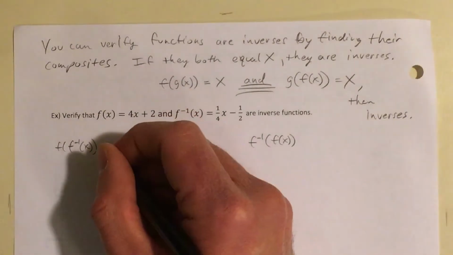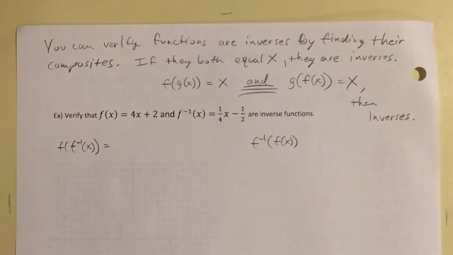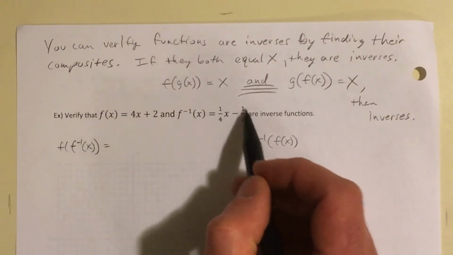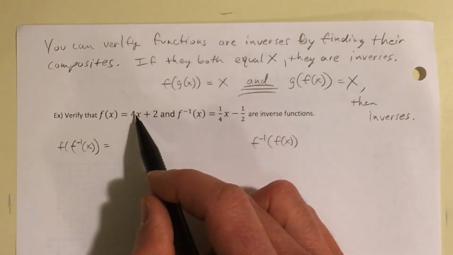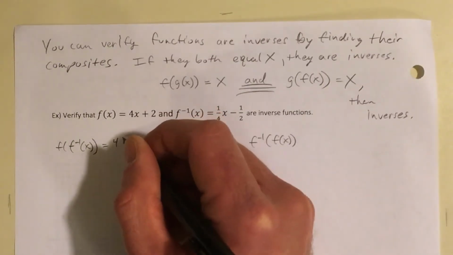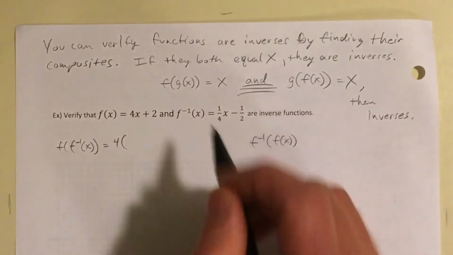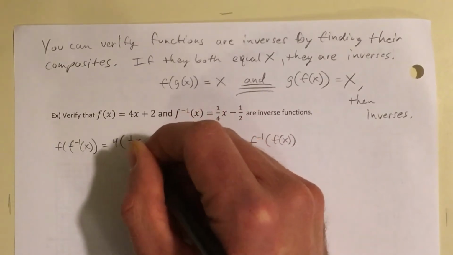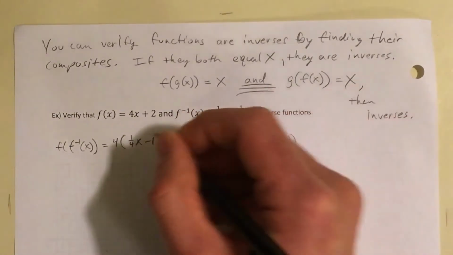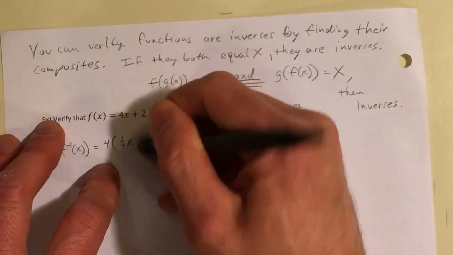And then we carefully write these out. Now, you're going to often have two sets of parentheses, okay? If you don't have two sets of parentheses, or you have one set of parentheses that isn't closed all the way, you're probably doing something a little bit mistaken, okay? So let's see. We're going to take this f inverse, put it in right there. So we'll go 4, and then we'll go parentheses, and we'll write out 1/4 x minus 1/2.